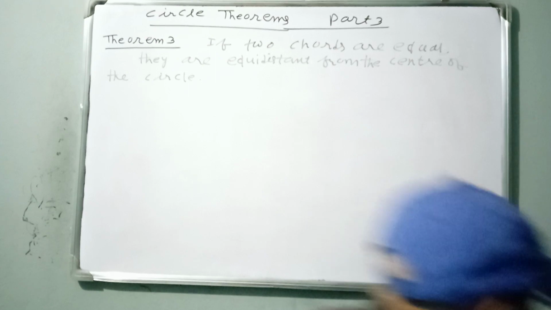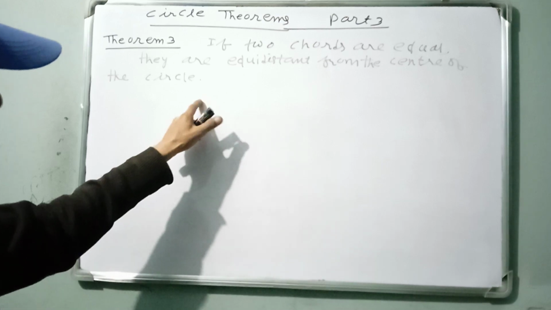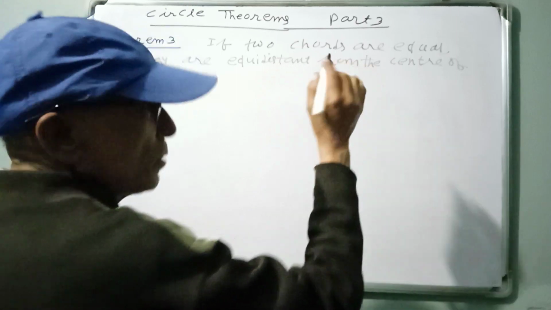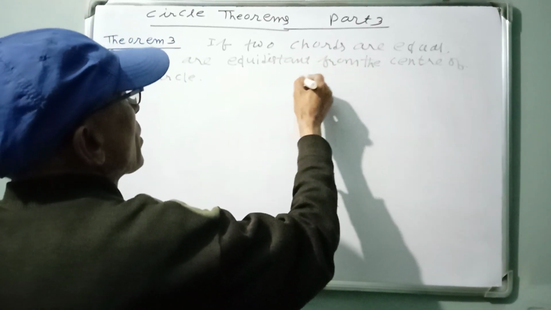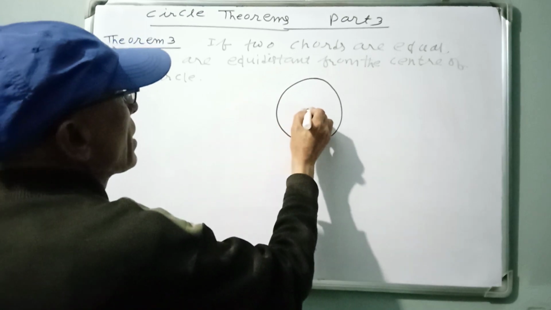It means two chords are equal. What is given? Circle is given, center is given, distance means perpendicular distance equal. So the given condition is this. In a circle, this is the circle, this is the center.